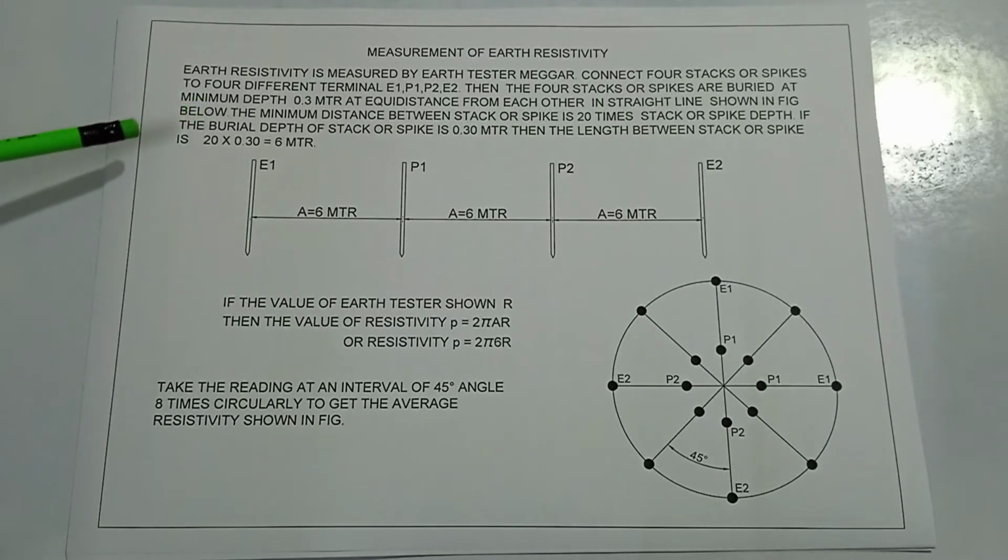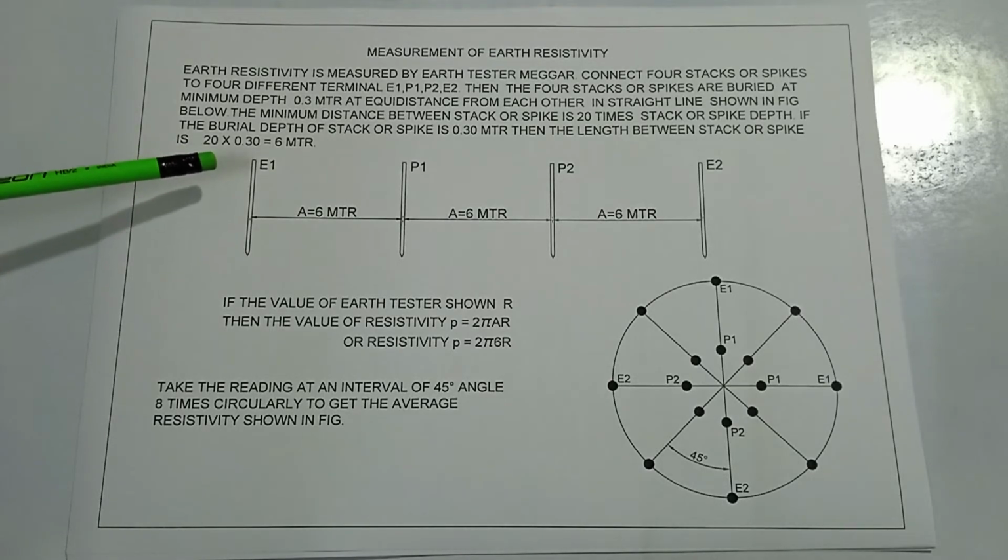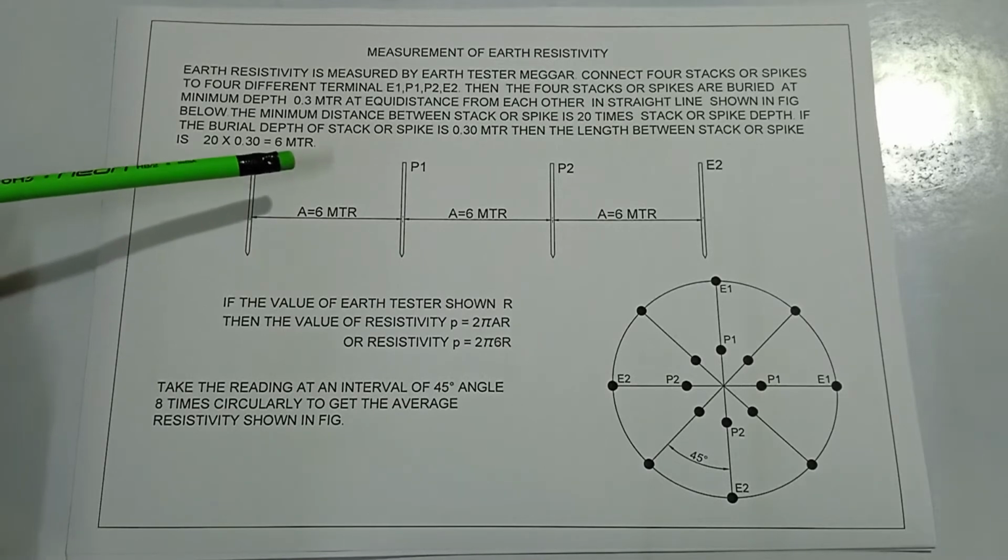The minimum distance between stakes or spikes is 20 times the stake or spike's depth. If the burial depth of the stake or spike is 0.30 meter, then the length between stakes or spikes is 20 into 0.30 is equal to 6 meter.